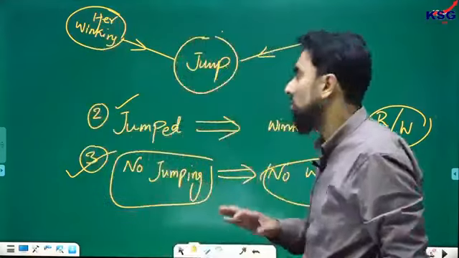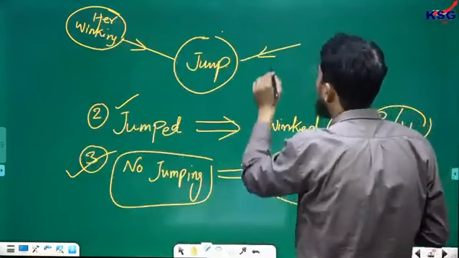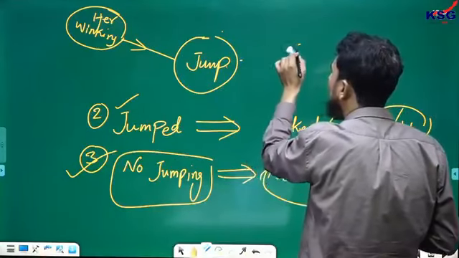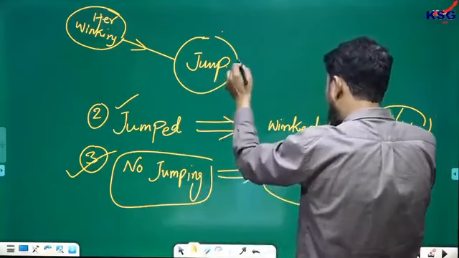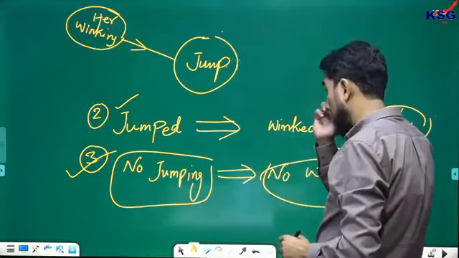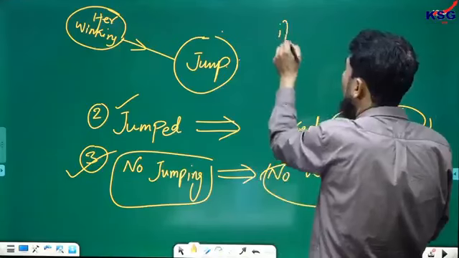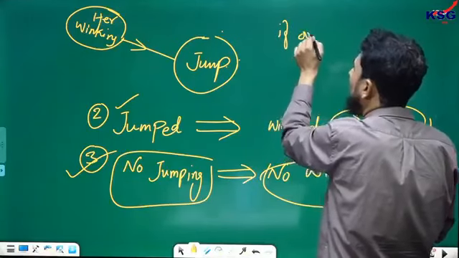There is no other cause. Hence, the possibility of a second cause is completely ruled out, right? And now we have this kind of diagram when we use the expression "if and only if."